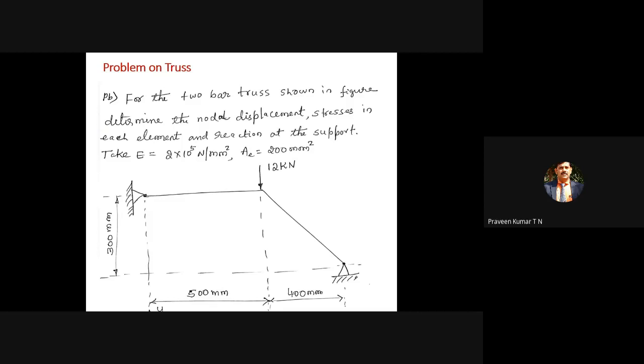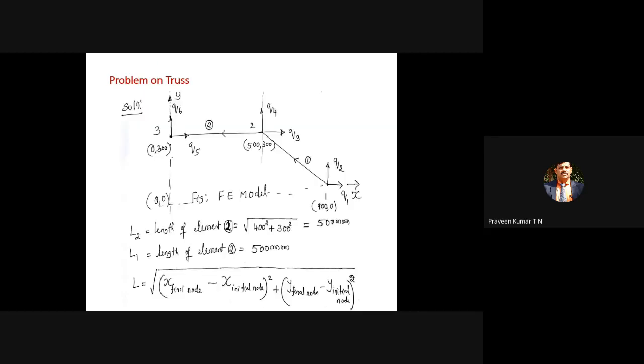Later you have to write the displacement matrix and apply the boundary condition. In such cases you should know the Q1 value and Q2 value. In this case node 1 is fixed. This representation shows it is a fixed end. Hence Q1 is equal to 0 and Q2 is equal to 0.